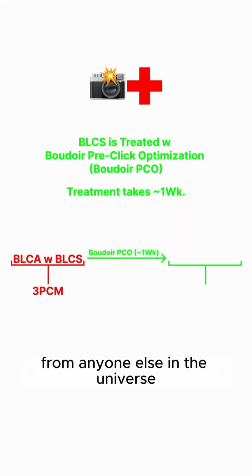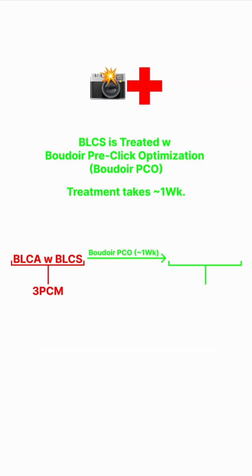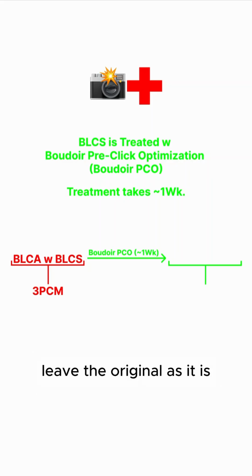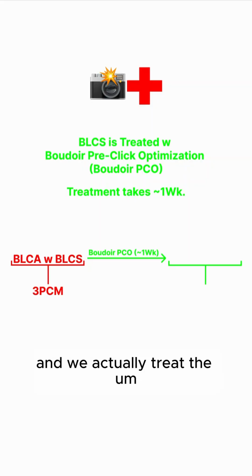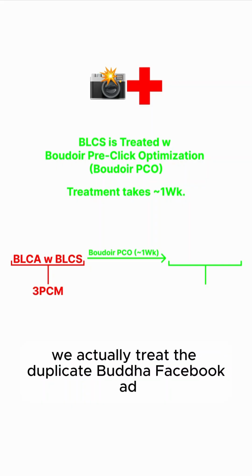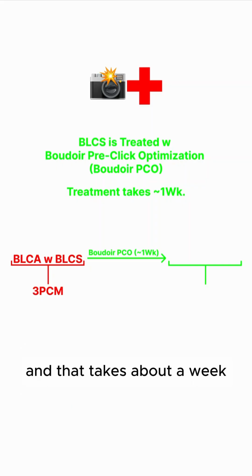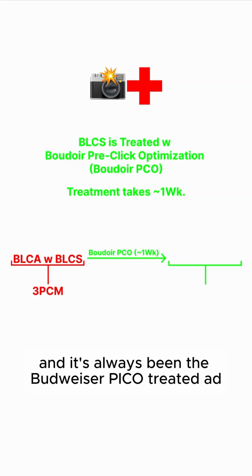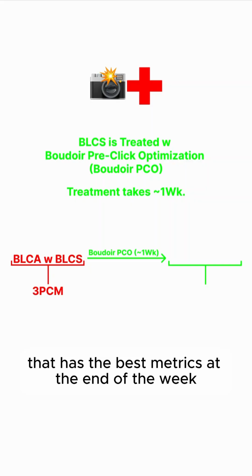You can't get this anywhere else from anyone else in the universe. What we do is duplicate the current Boudoir Facebook ad, leave the original as it is, and treat the duplicated Boudoir Facebook ad. That takes about a week, and then we keep whichever one has the best metrics running. And it's always been the Boudoir Pico treated ad that has the best metrics at the end of a week.